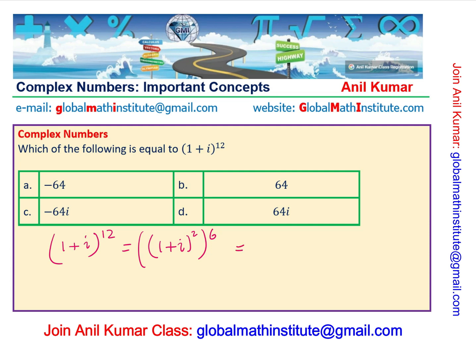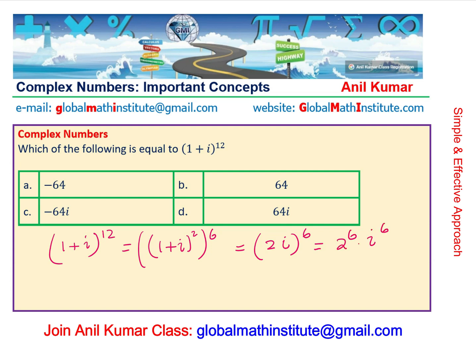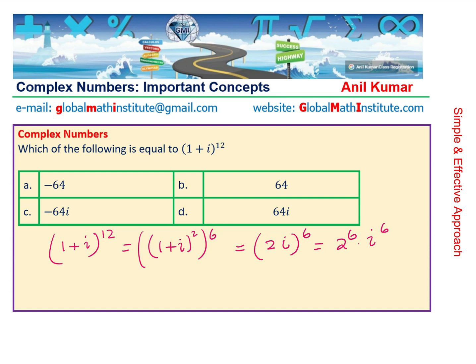And (1 + i) squared is 2i, and then to the power of 6 gives us 2 to the power of 6 times i to the power of 6. Correct?